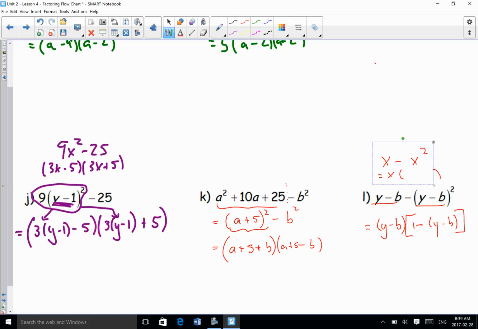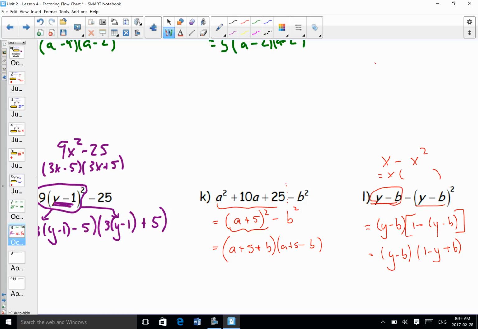Okay. We're thinking of this whole thing as one term. And there's your factored answer. Now you could simplify some of these if you wanted to. (y minus b), and inside the bracket we could get rid of the inside brackets: y minus 1 minus y plus b. It doesn't really change the question. It's not going to help us do anything at this point, but it would be simpler if you wanted to.